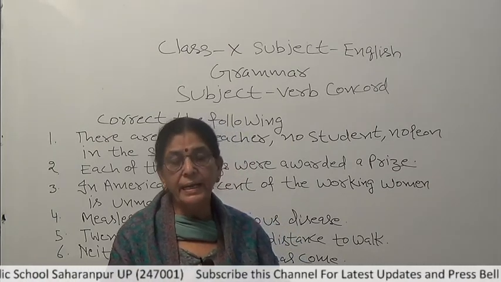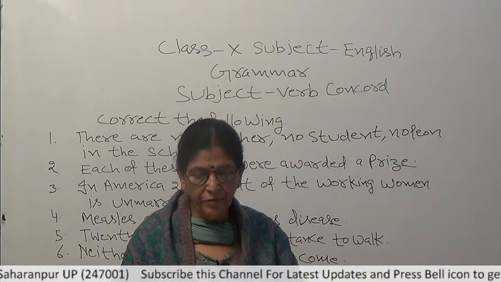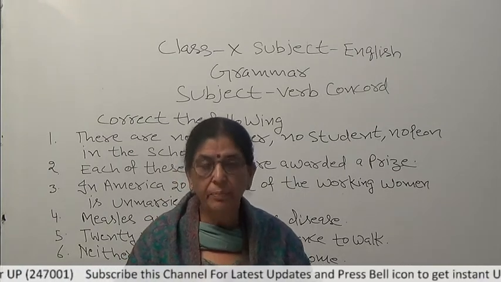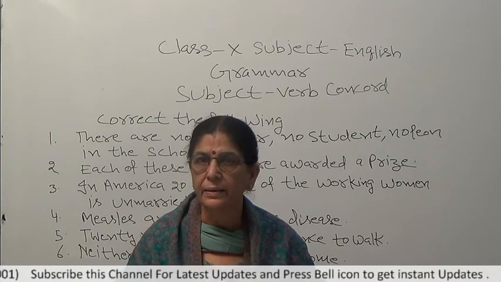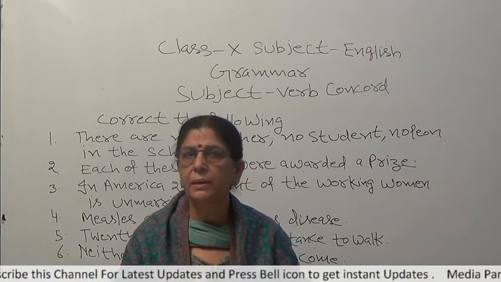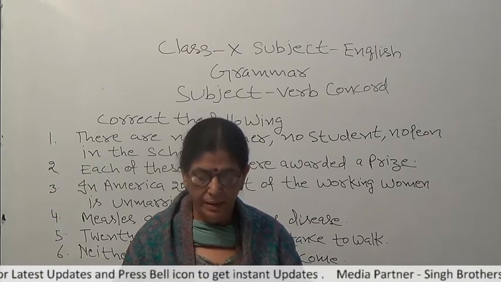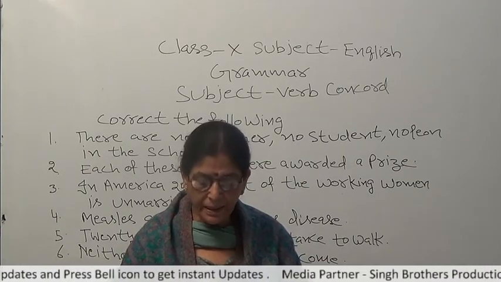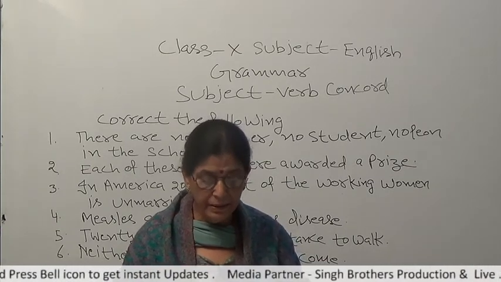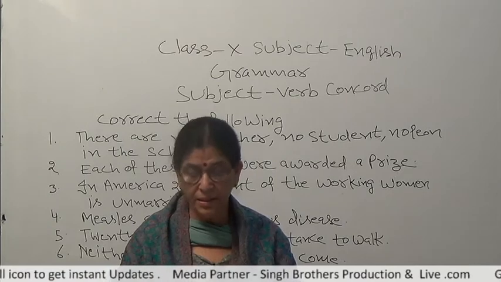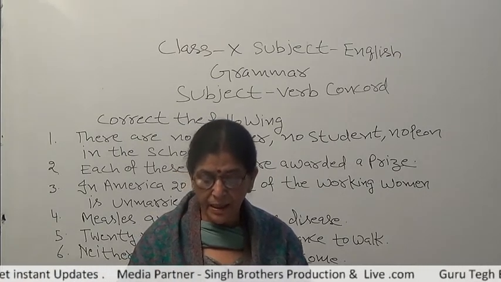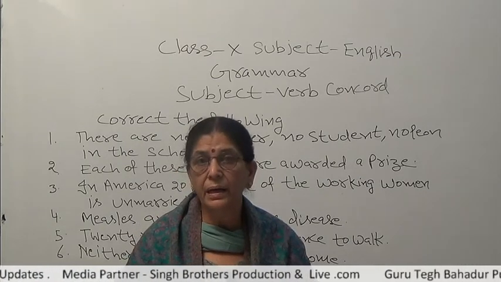When we make a sentence, we tell something about a person or a thing. When I am talking about subject and verb, the subject may be a person or a thing.